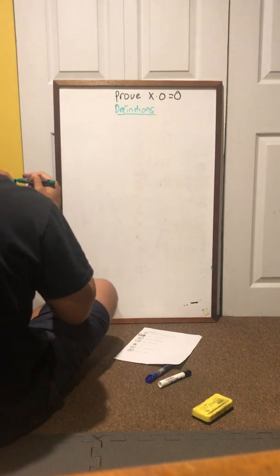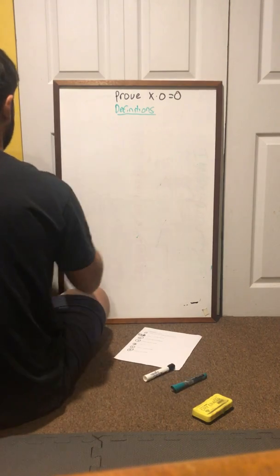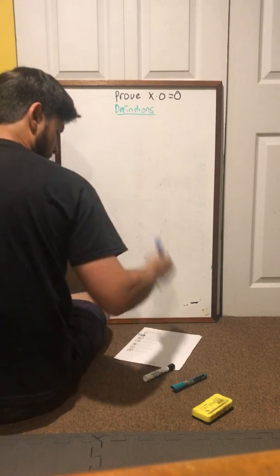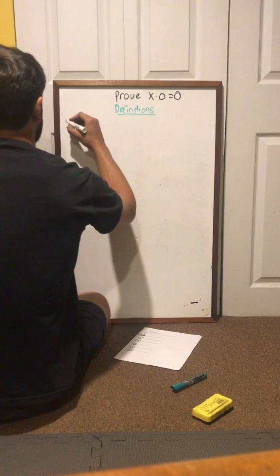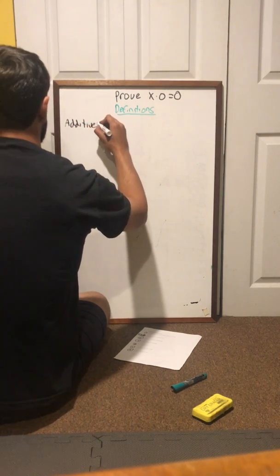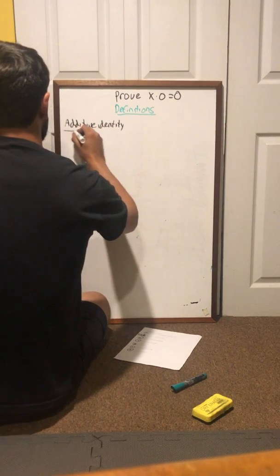All right. So first, we're going to do the additive identity. I'll write this in black. All right.